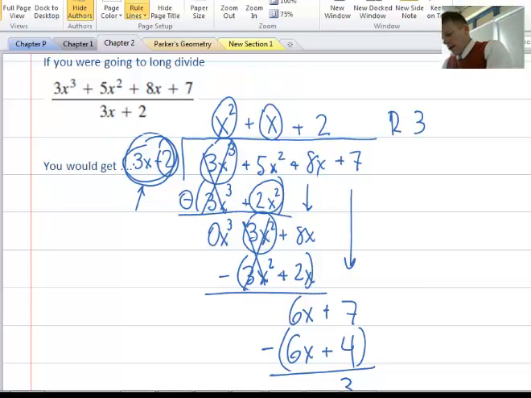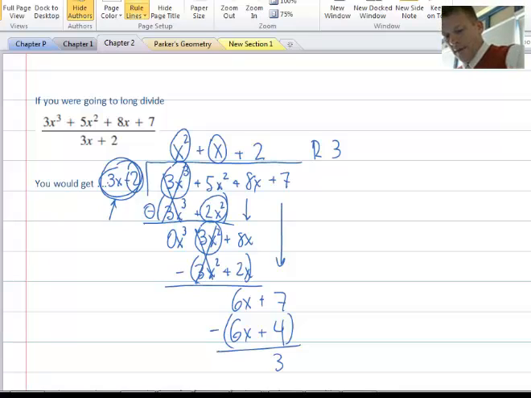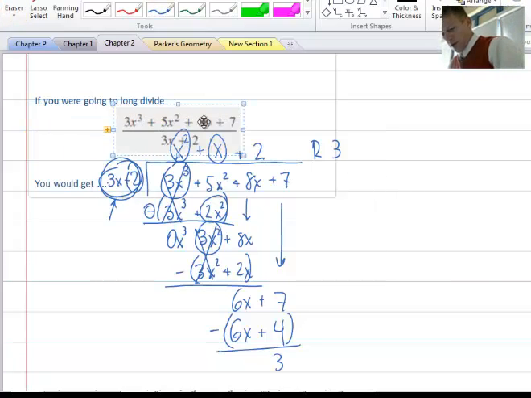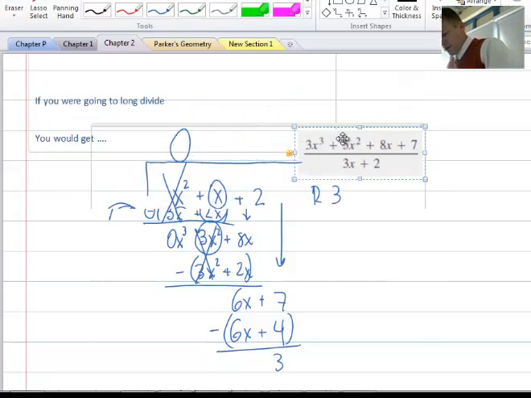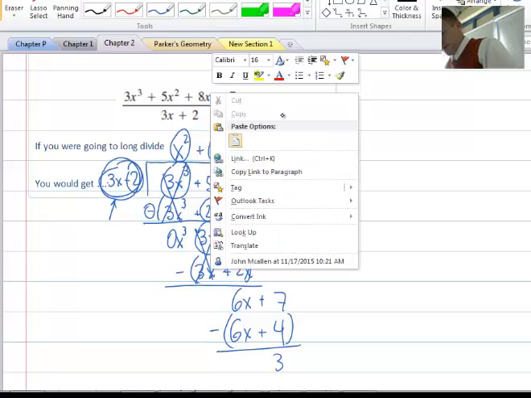But you should really write it as the following. So let me just zoom out a bit. What I have is, I had originally this expression. I'm going to copy that and paste it over here.